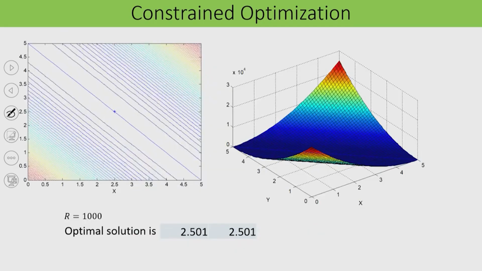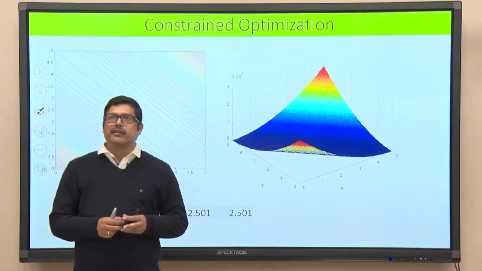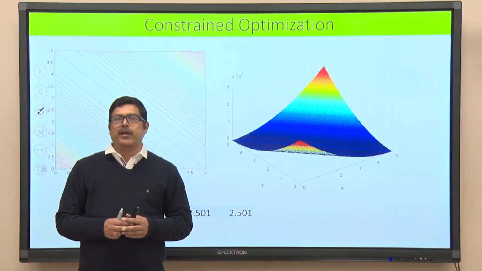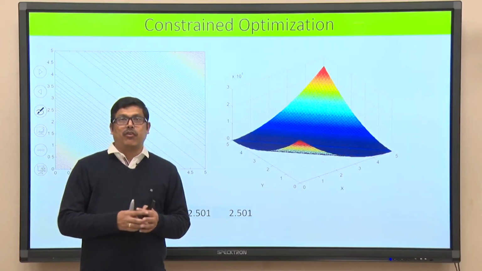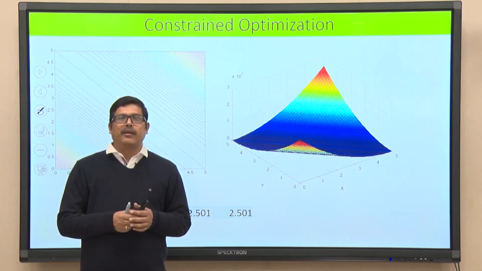So, I have shown the plot here. You can see this is for r equal to 1000, and the solution is somewhere here, 2.5 and 2.5, and this is the surface plot I have shown. But if you start your iteration with r equal to 1000, you may not get the solution, because, as I said, for a larger value of r the gradient will be very steep and your gradient based algorithm will not work.